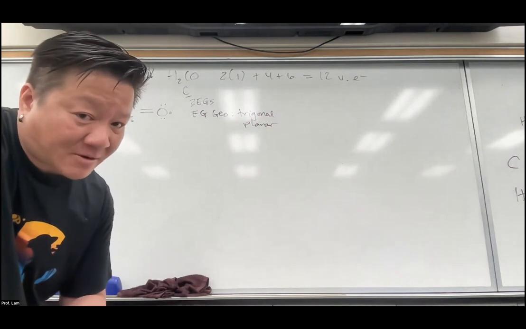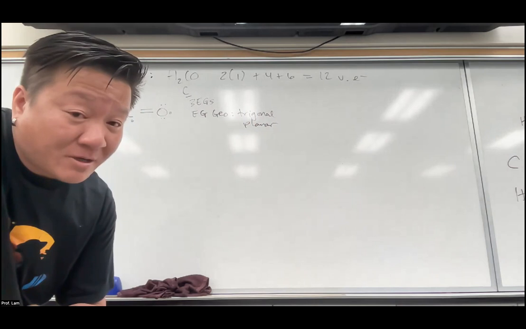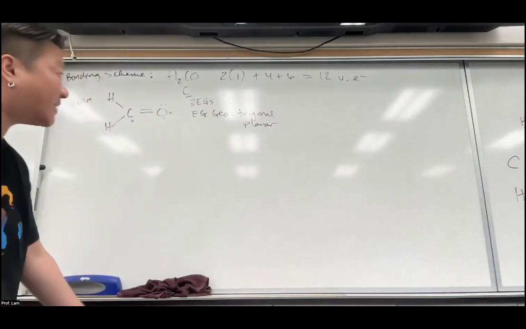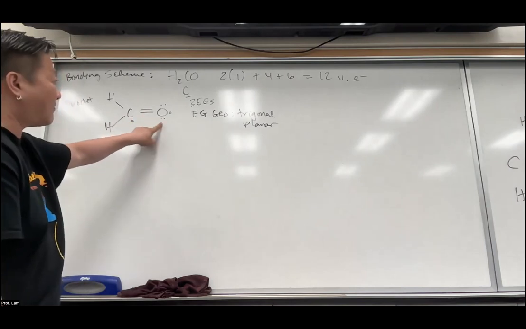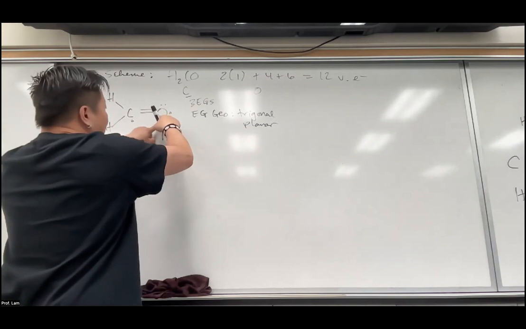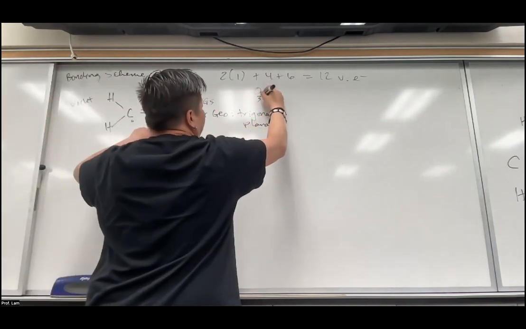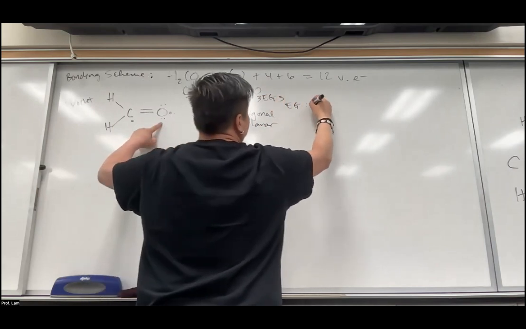Central atoms always hybridize, but surrounding atoms that are making more than one bond also hybridize. Here our surrounding atom is making more than one bond, so we also have to figure out oxygen. Oxygen, how many electron groups? 1, 2, 3. So oxygen's is also trigonal planar.